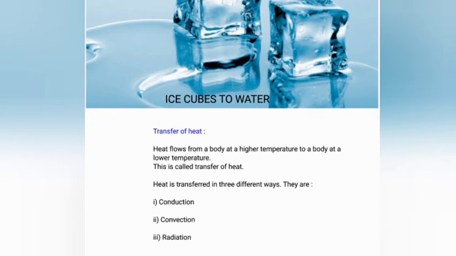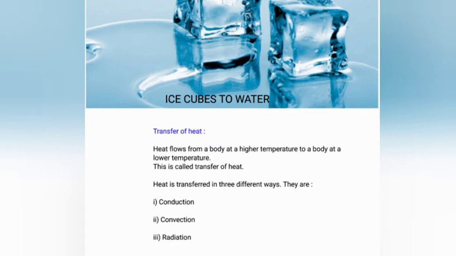Therefore, the transfer of heat takes place. I can say that heat transfers from a body of higher temperature to a body of lower temperature. That is, from the hot region to the cold region, the heat flows.